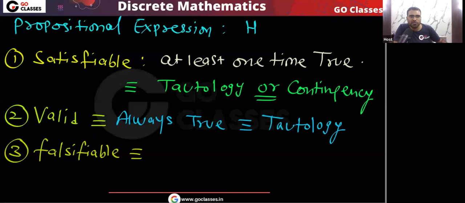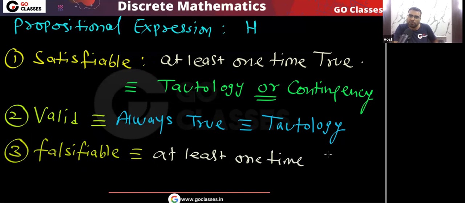Falsifiable means at least one time false. Okay, is this clear? Falsifiable means at least one time false.